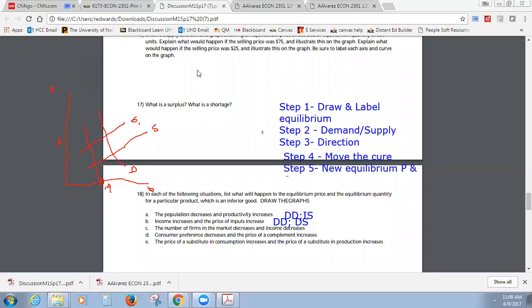Let me erase this right here. Okay, so where D meets S, this is my original price. And this is my original quantity.